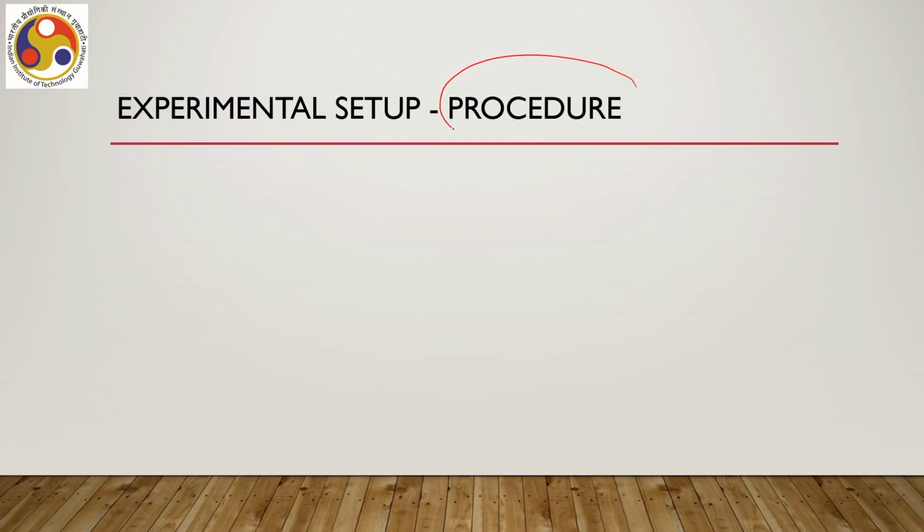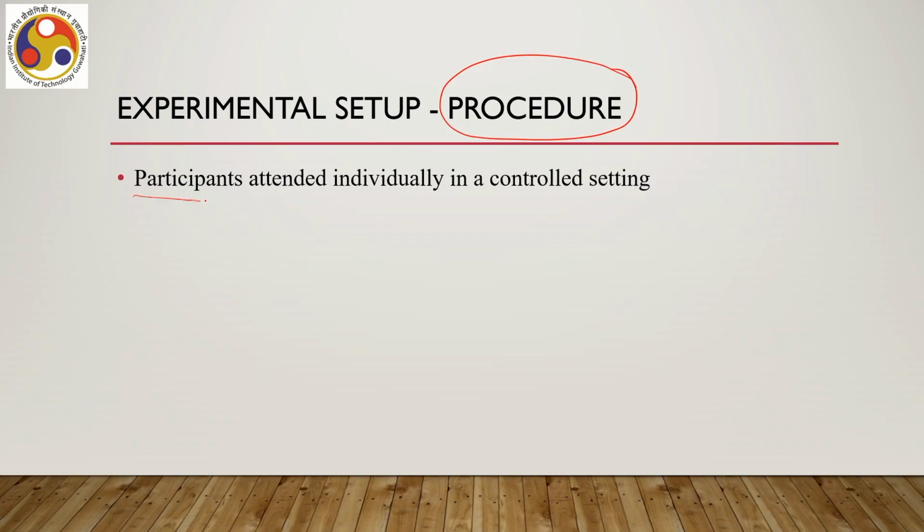So, let us talk about procedure. We have explained the participants, the experimental setup, including the hardware used and the questionnaire used, and now what procedure we followed. The participants individually attended the sessions in a controlled setting.